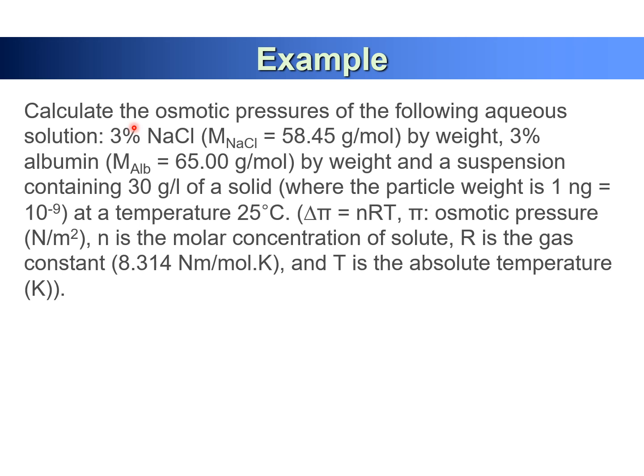Calculate the osmotic pressures of the following aqueous solutions: 3% sodium chloride, molecular weight 58.45 grams per mole; 3% albumin by weight, an organic compound, 65 grams per mole; and a suspension containing 30 grams per liter of a solid, where the particle weight is 1 nanometer, equal to 10 to the power of minus 9, at a temperature of 25 degrees.